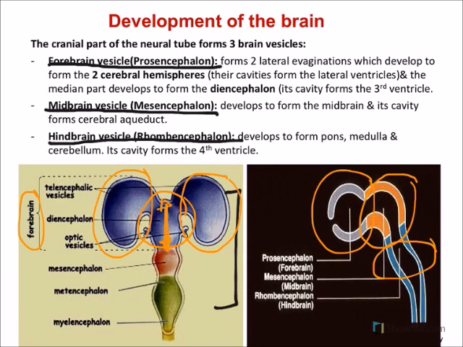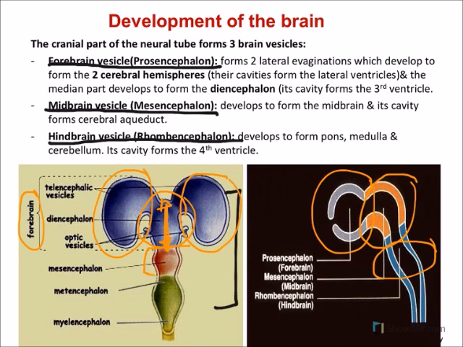So the forebrain vesicle will give rise to three brain vesicles: the two lateral telencephalic vesicles, and the median vesicle, which is the diencephalic vesicle.